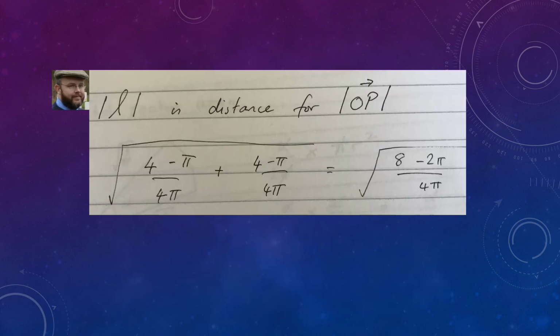So the next part of my plan is to find that third length of the triangle, and then I can use the cosine rule. So I need to find the distance between the origin, the centre of my field, and this point P that I've just calculated, and that's just a little bit of Pythagoras, and that works out at root 4 minus pi over 2 pi, all square rooted. Alrighty.